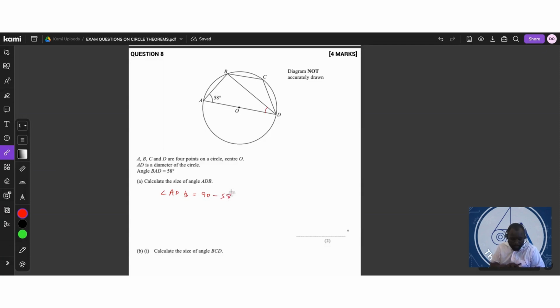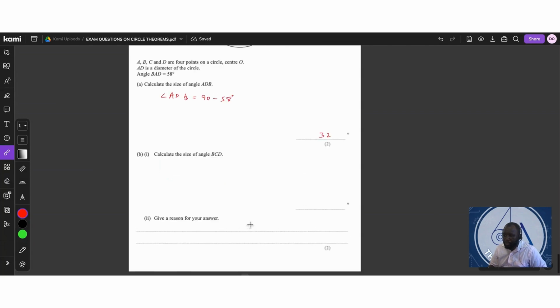So we should have 90 minus 58 degrees, and so that angle is 32 degrees. That's all we need to do. Now, this question also does not require us to give a reason for our calculation, so we don't give any. Normally, if the question does not ask you for a reason, you don't give one.